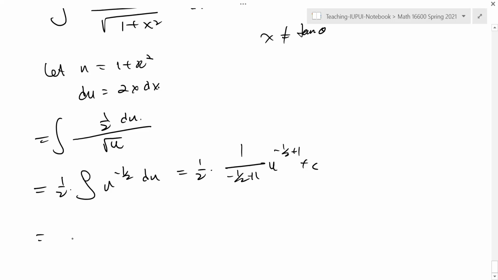You will get 2 times 1/2, just 1, u to the 1/2 plus constant. So u is going to be 1 plus x squared. That's how to get it. So this substitution is the simplest substitution you can choose.